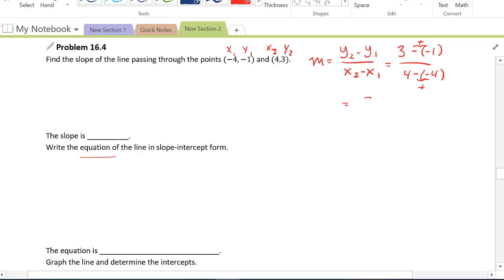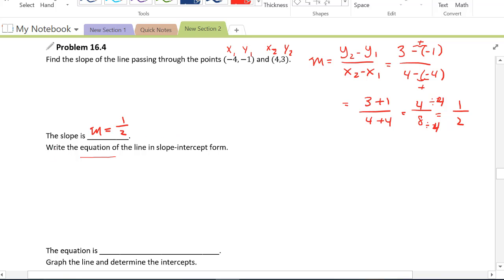So essentially that becomes 3 plus 1 divided by 4 plus 4, which is equal to 4 over 8, which if we reduce, dividing top and bottom by 4, you want to pick the largest number, that's 1/2. So our slope here is m equals 1/2.